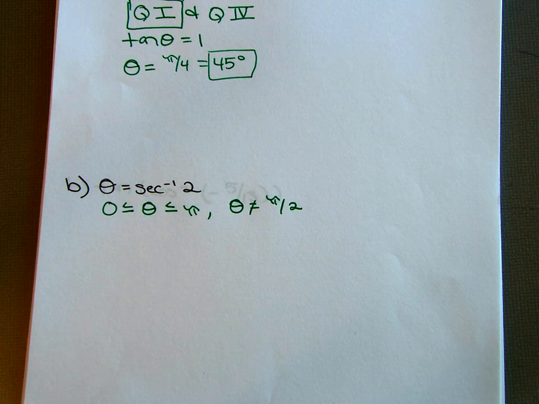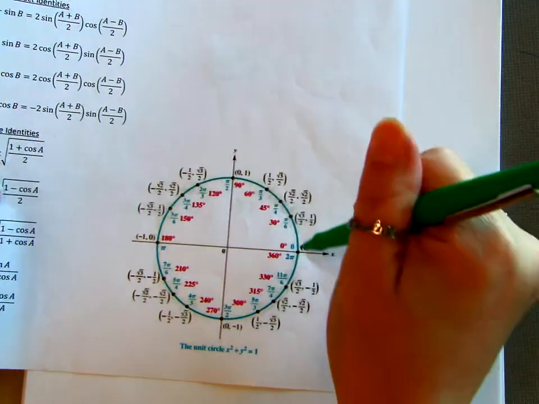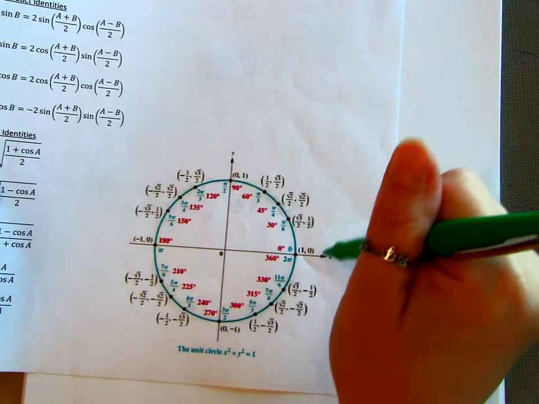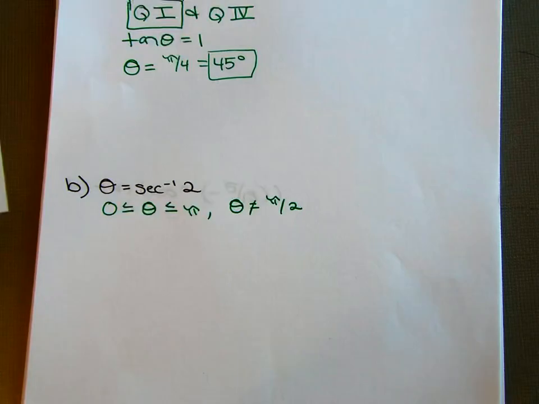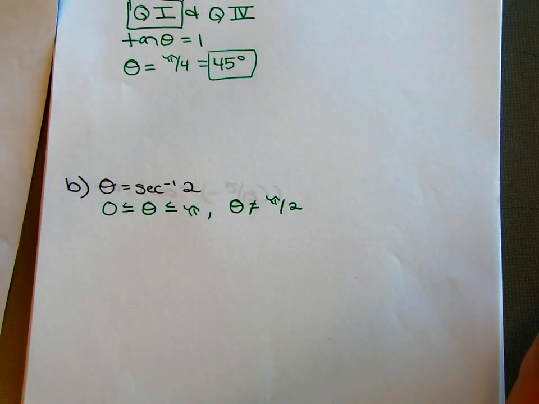So if we are lying between 0 and pi, if we're thinking about the unit circle, 0 to pi is the top part of our unit circle. So that means it could be quadrant 1 or it could be quadrant 2, right?